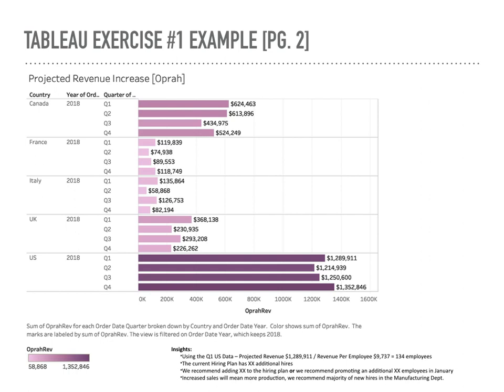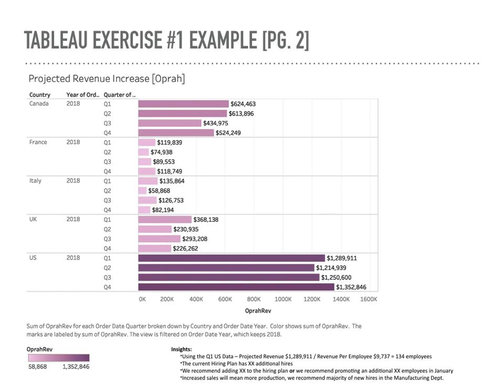We recommend adding X number to the hiring plan, or we recommend promoting an additional X number of employees in January. Again, there's no right or wrong way to phrase that, but use the information that you glean from Tableau and from creating the visualizations to create recommendations or your insights.